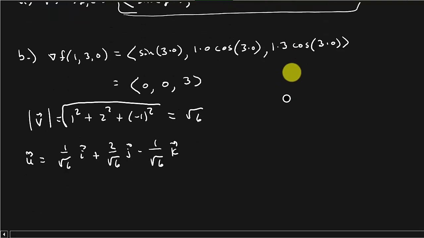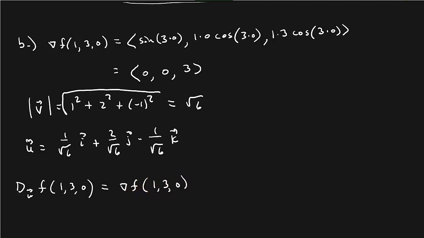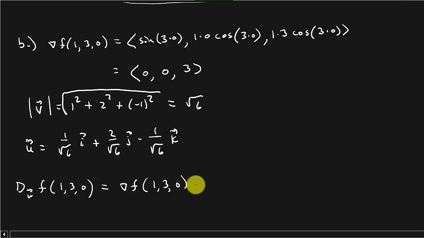Okay. All right. So now our directional derivative, f of 1, 3, 0, is equal to what? Well, it's the gradient dot u.